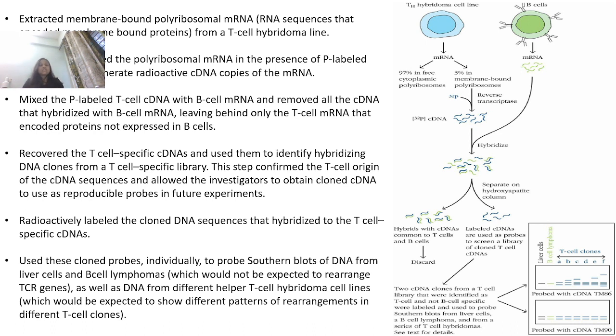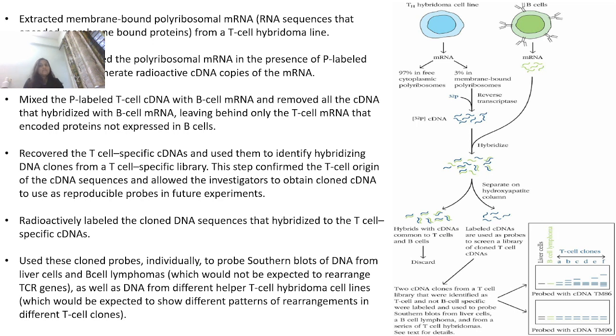So they isolated the mRNA from the T cell hybridoma cell line. Similarly, they isolated some mRNA from B cells also. They knew that 3% were in the membrane-bound polyribosome and 97% of the mRNA were in the cytoplasmic polyribosome.